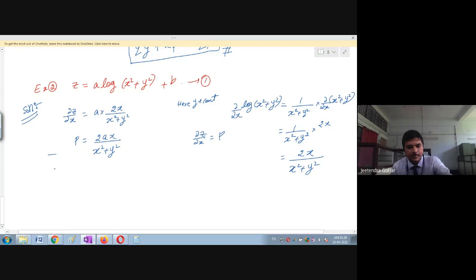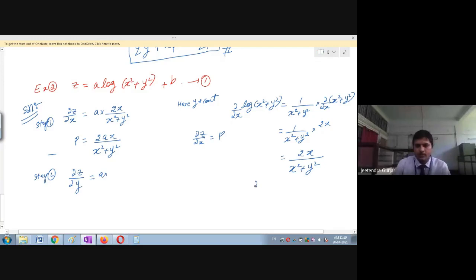I will go to step 2. So you got the answer. Very good. Step 2. Now differentiate equation 1 with respect to y partially. So this is equal to, now I can see again, a is constant. A into, now instead of x we have y.